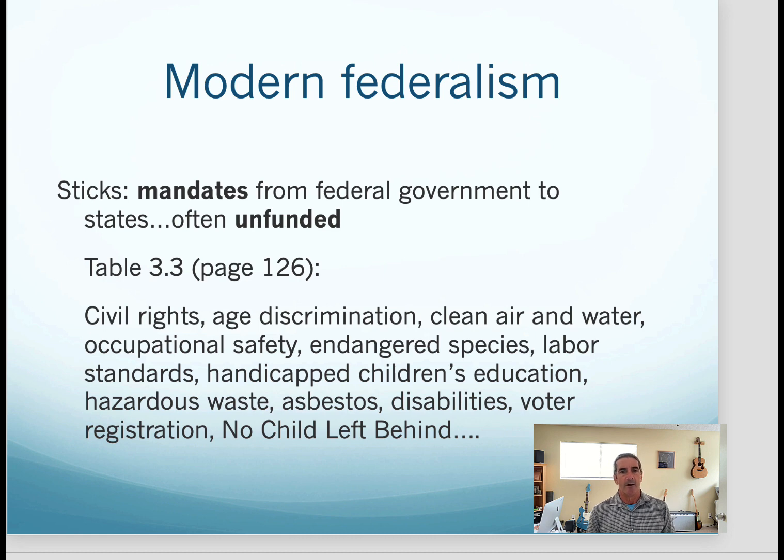There's a table on page 126 of the text that lists a number of areas in which the federal government has dictated programs and policies that the states must adopt without allocating the necessary funds to adopt those programs.